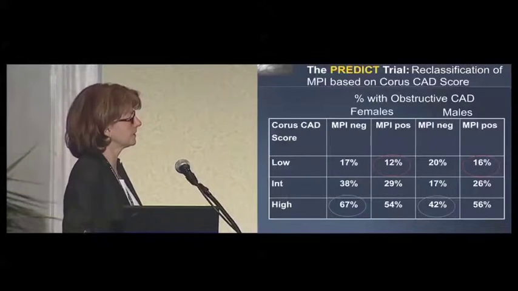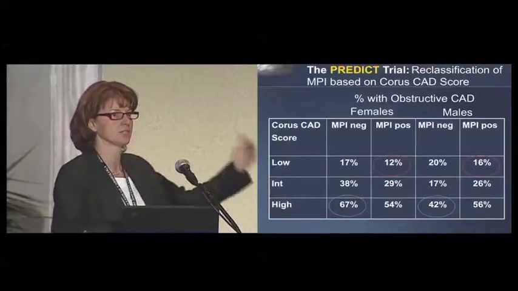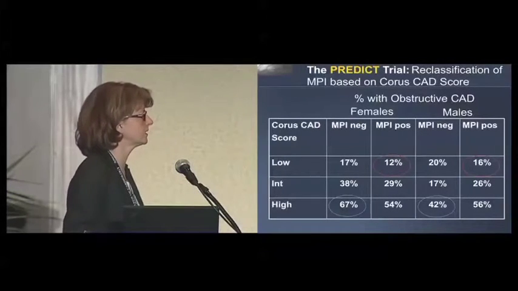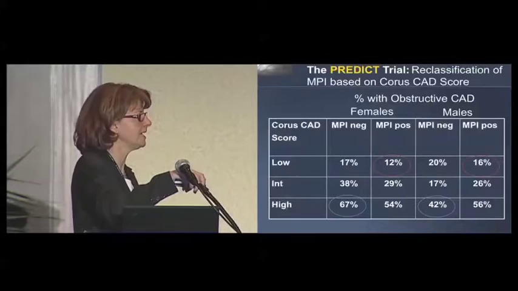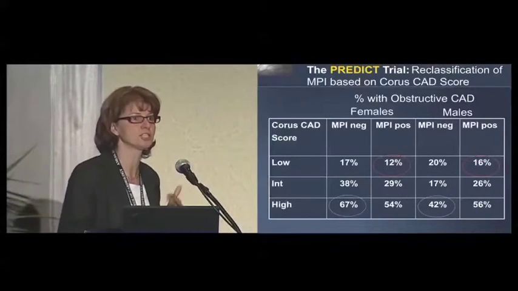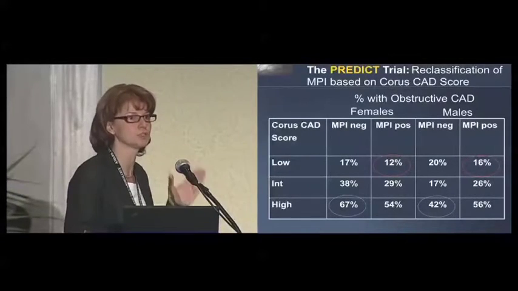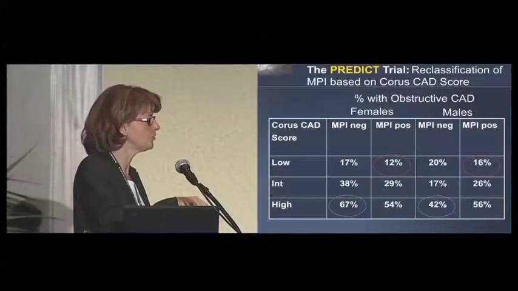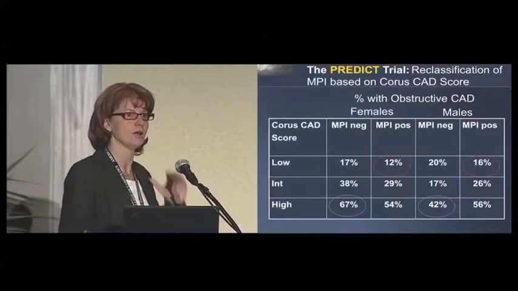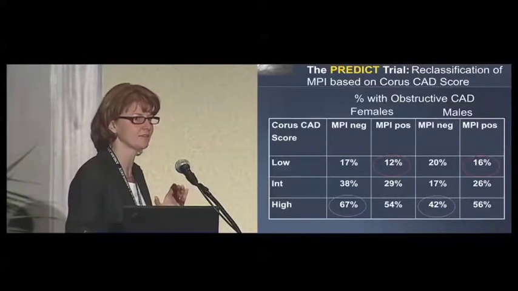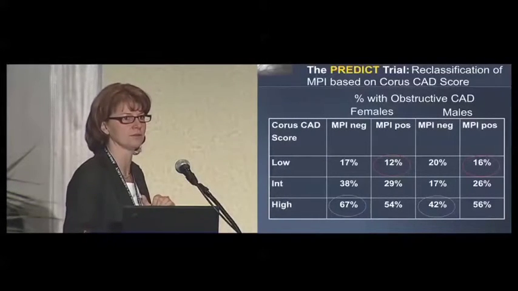Let me walk you through this. If you have a negative MPI, so these are patients that have a negative diagnostic test, if you have a high Corus CAD, 60% of these patients with a negative non-invasive test actually have obstructive coronary disease. So you can do this test and reliably identify a patient population in 67% of cases that actually have obstructive coronary disease.